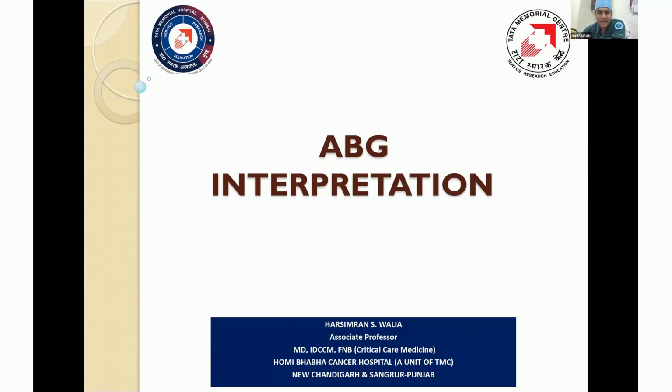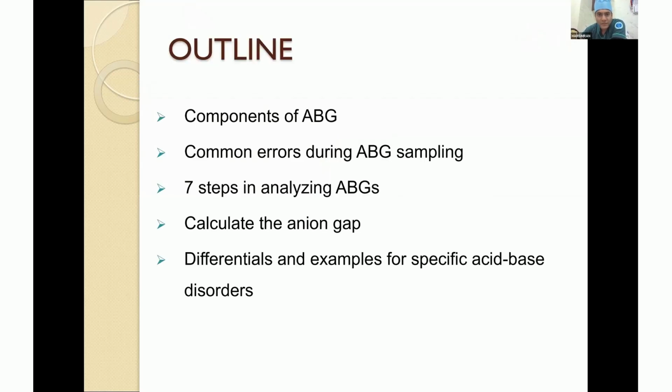So let's start. To outline my entire presentation, first I would like to tell you about the components of ABG. Second, very important from nursing point of view are the errors that are normally performed while taking an ABG sample. Now, once the sample has been taken, how you analyze an ABG. There are 7 golden steps how to analyze an ABG.